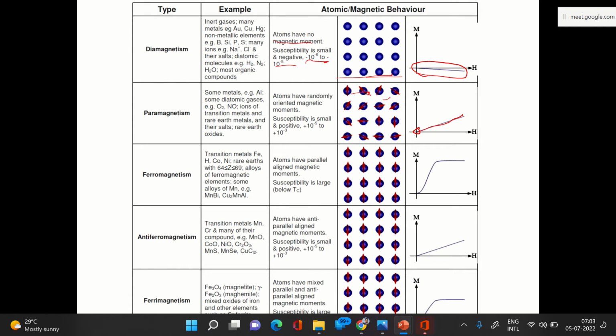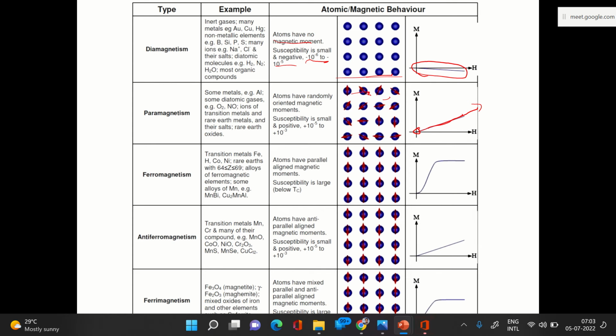But as you apply the external field, these spins start getting aligned with the magnetic field, and you see a rise in the magnetization value.